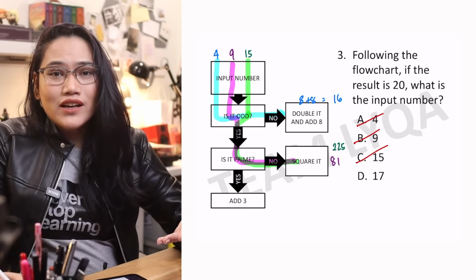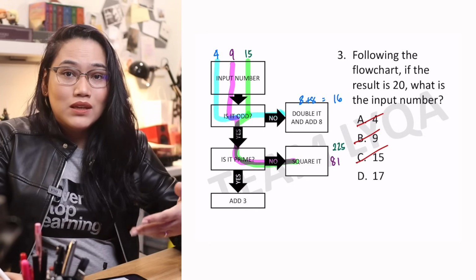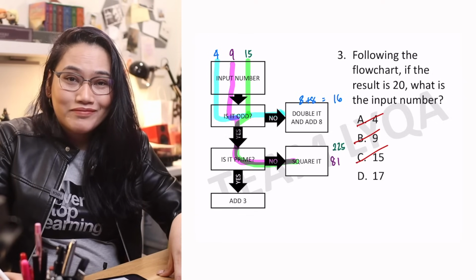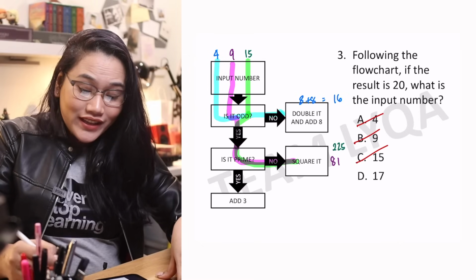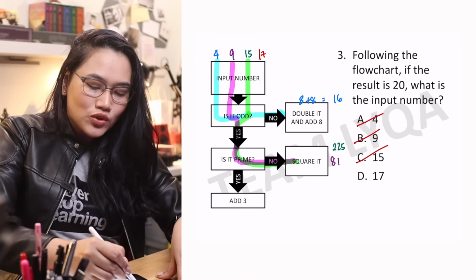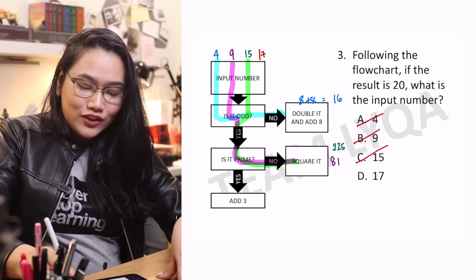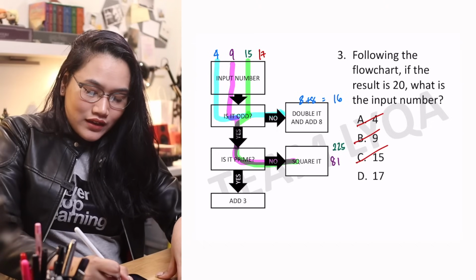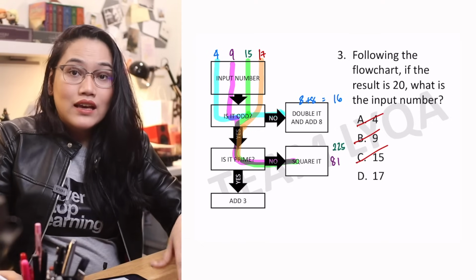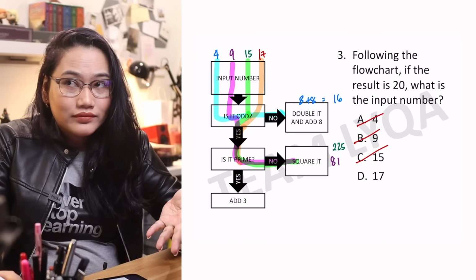Now, of course, kung goal ka na sa oras, nakita mo nang mali yung A, B, at C, the answer would logically be 17. Kung extra ang oras mo, edi check natin kung tama. If I put 17 right here, at susundan ko yung kanyang journey dito sa ating flowchart, is it an odd number? The answer would be yes. Is it a prime number?